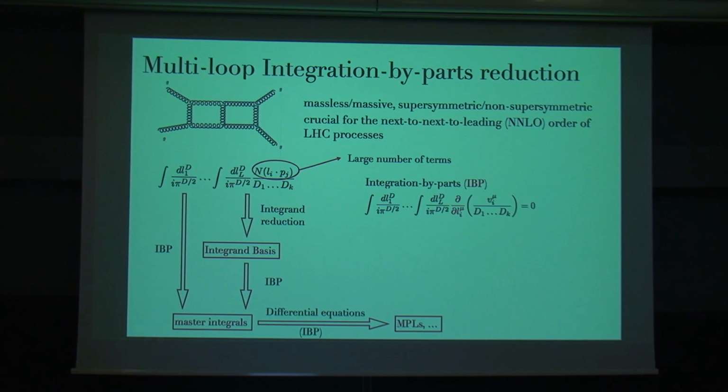So you see, if you consider the differential equation for master integrals, you find that after taking these differential operators, you will get a new list of integrals. Then you have to reduce them back to the master integrals to get a closed differential equation system. So for that step, the IBP is also necessary.